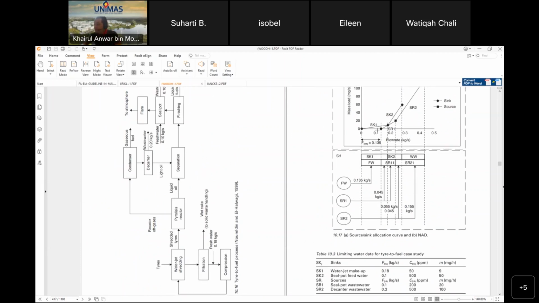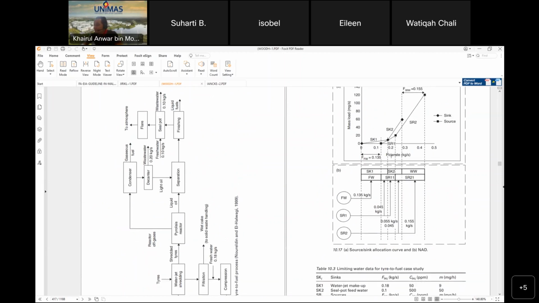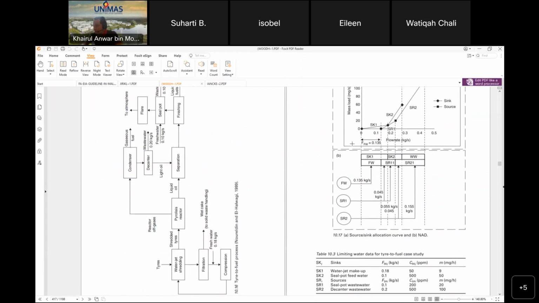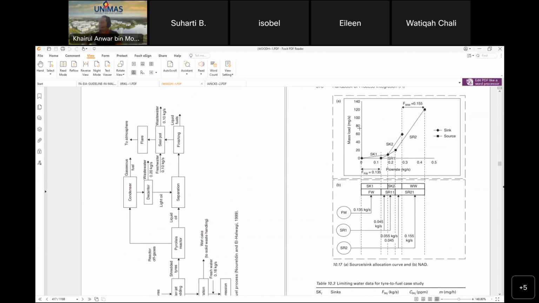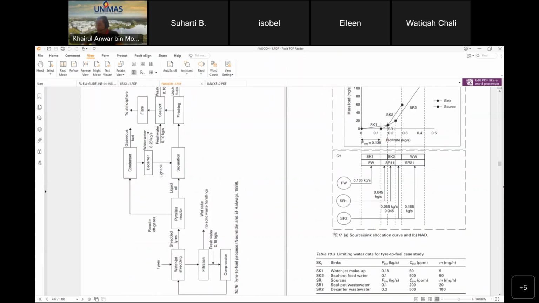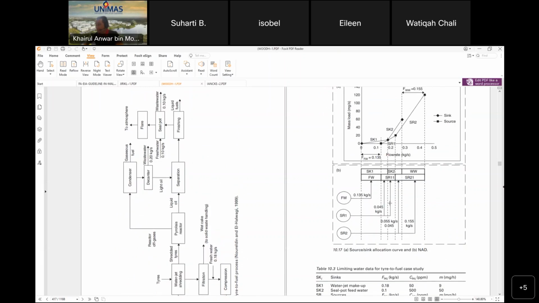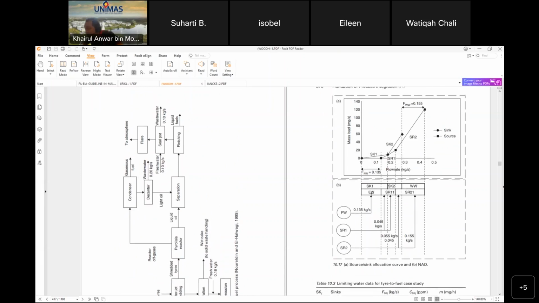So for SK1 from 0 to 10 here, mass load. I don't know, this is from the data, they didn't provide it. Then the NAD is below the sourcing allocation curve. So for SK1 here, this is a good method, NAD.